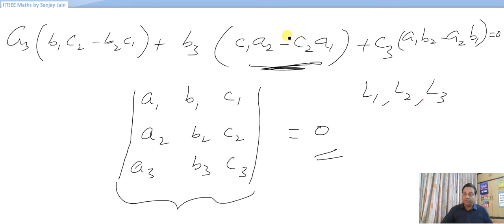So for these three lines to be concurrent, the value of this determinant should be equal to 0, and this is the condition of concurrency of three lines.